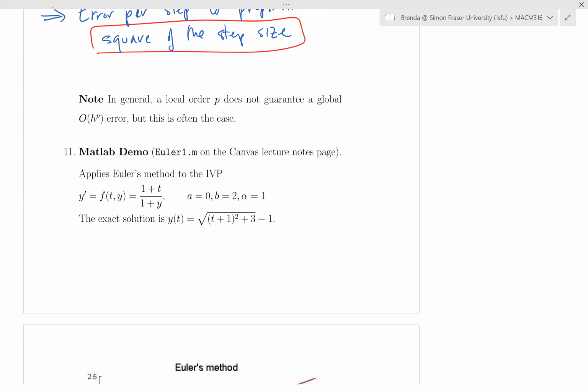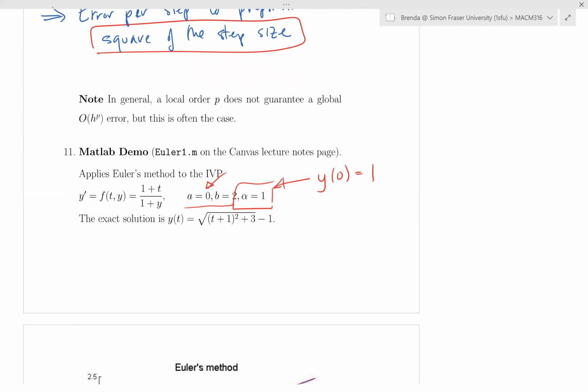So if we're looking for a solution over this interval, we are using this as our initial condition. This is telling us that y at 0 is given, because that is our initial time, 0. So we're going to go from 0 to 2, and we have an initial condition at 0 on our function as well.